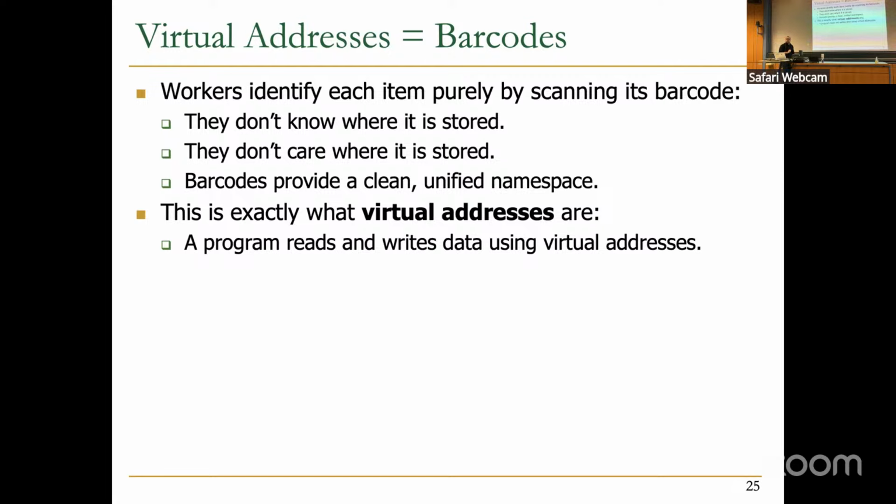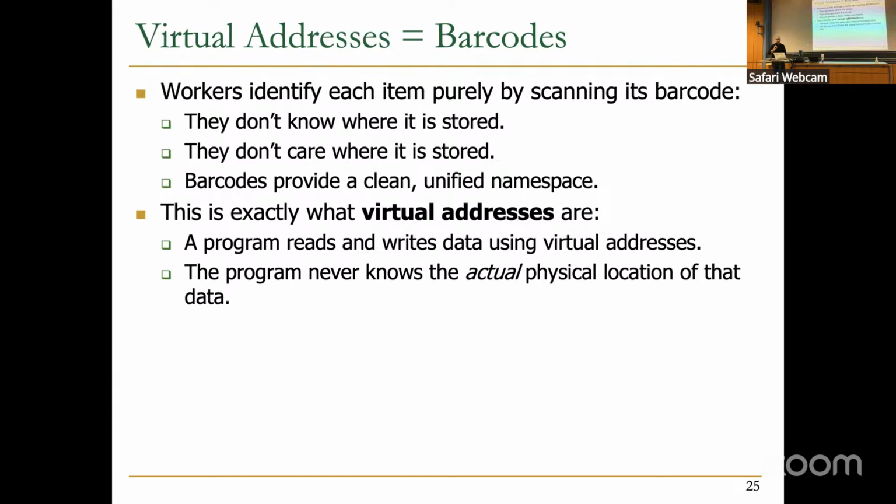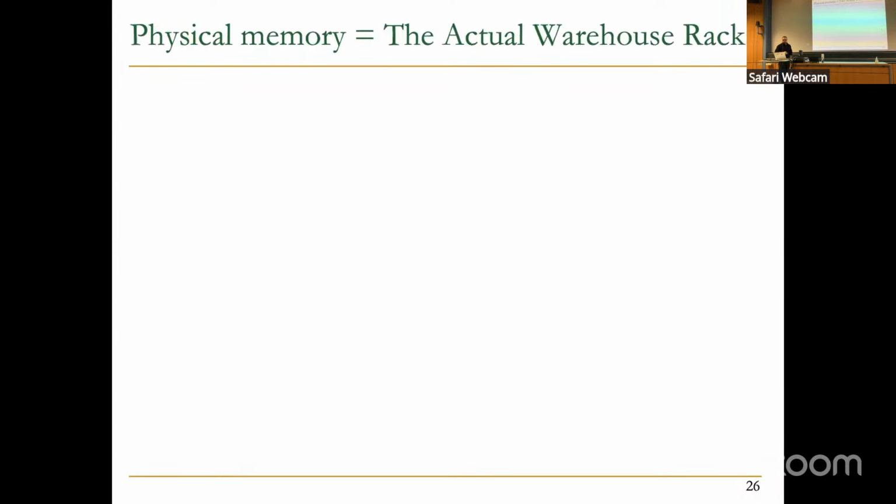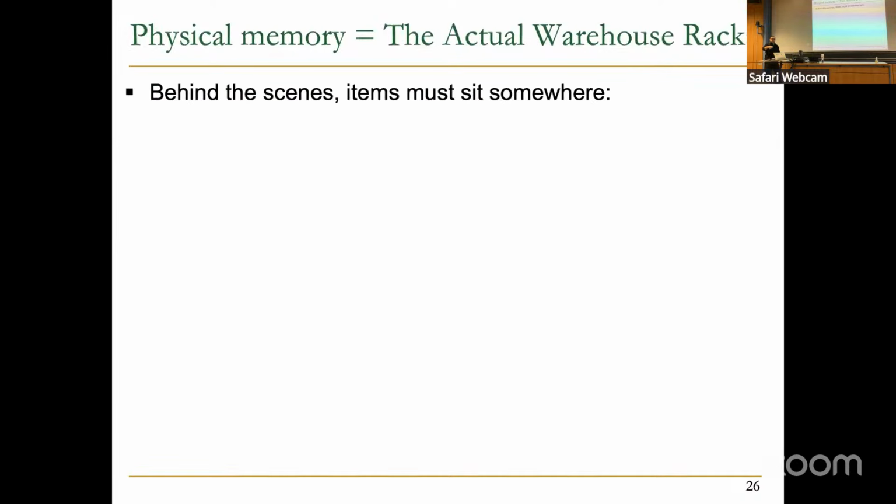The program reads and writes using virtual addresses. The programmer never knows the actual physical location of that data. So in your head, you should have the following idea. Virtual addresses are nothing but a convenient abstract identifier, the same way as a barcode used in this warehouse. What is the physical address now? Behind the scenes, somehow, the items must sit somewhere.